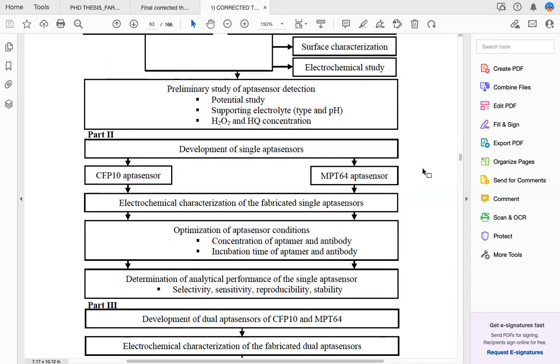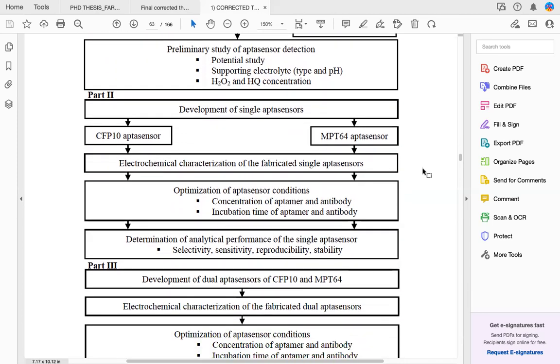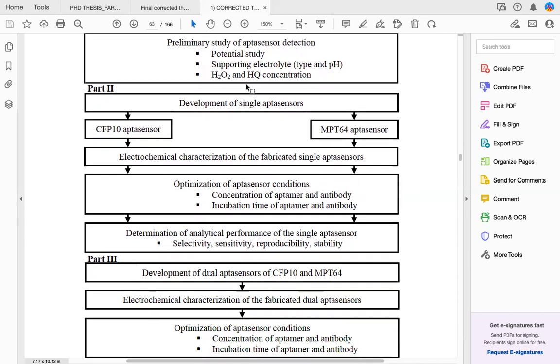Now part 2, the thesis started to discuss the development of sensors, which is the detection of tuberculosis by using 2 biomolecules.